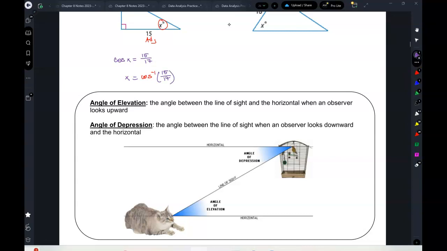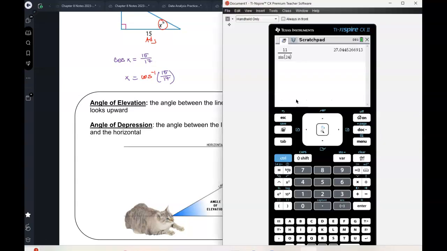Okay, now on your calculators, again in degree mode. You press the trig button here under the control. You have this menu. You find the inverse cosine with the arrows. And then it opens up a parenthesis for you. In there, just put in 15 over 17.